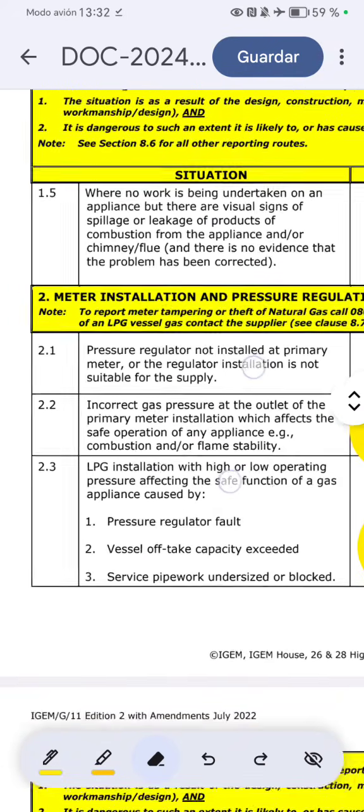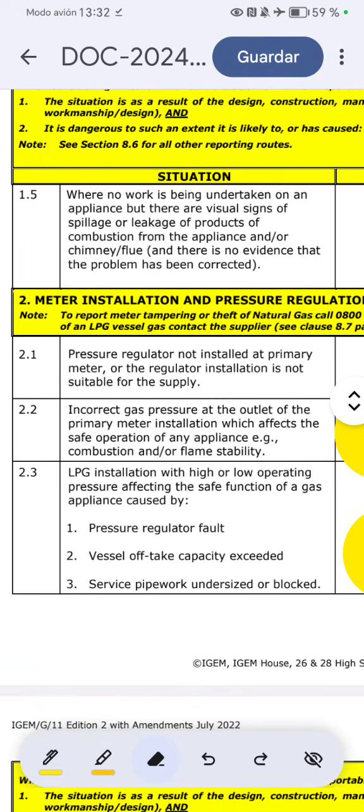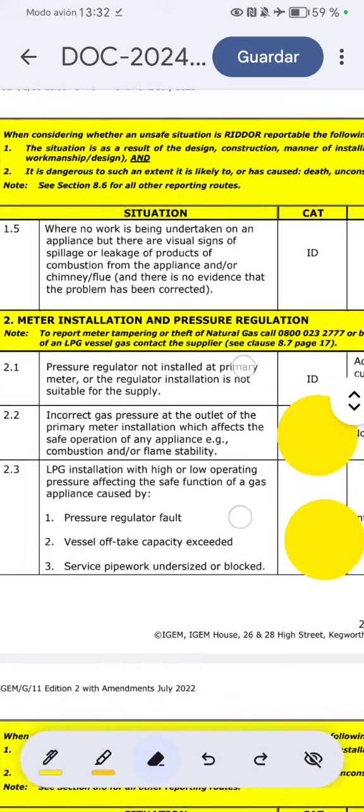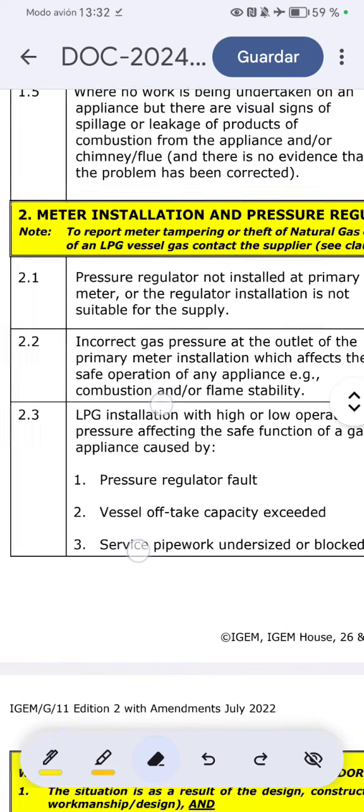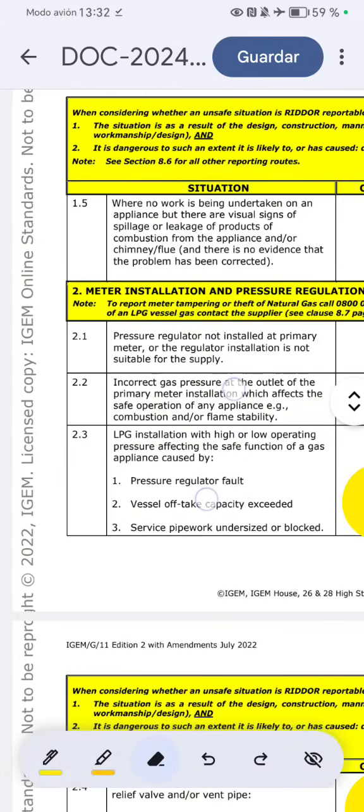2.2. Incorrect gas pressure at the outlet of the primary meter installation, which affects the safe operation of any appliance, e.g. combustion and/or flame stability. Is that ID? Incorrect gas pressure. I'm going to say ID again. What do you say? Yep. LPG. My LPG ticket has run out. I should still stand a chance here.